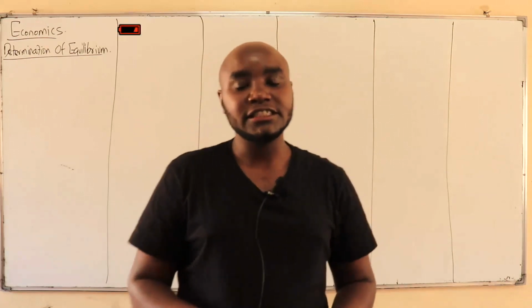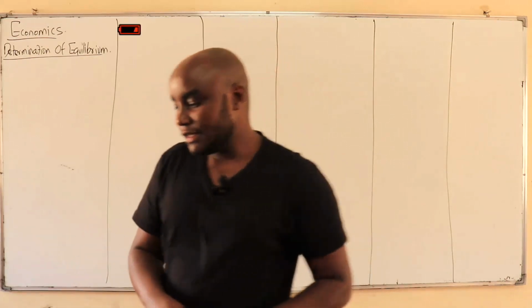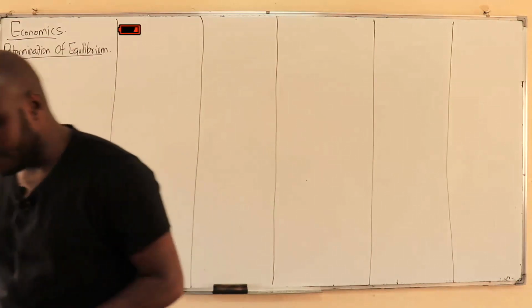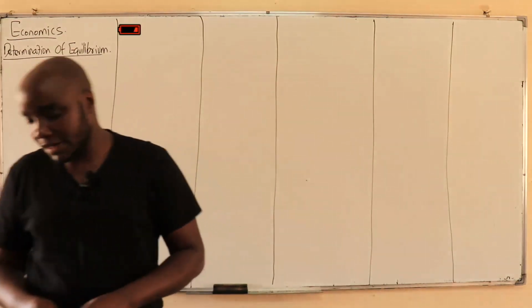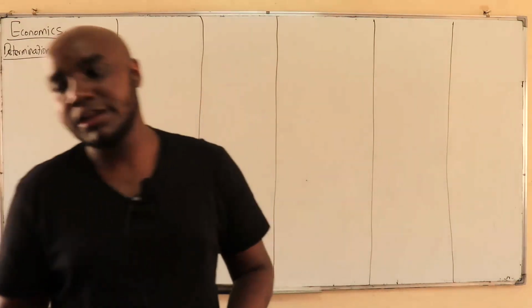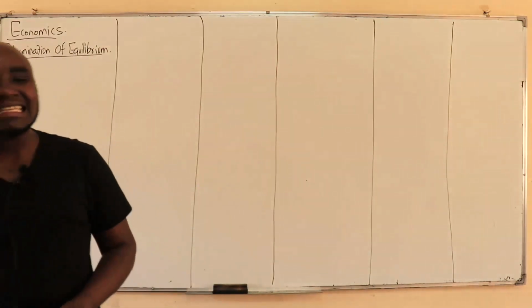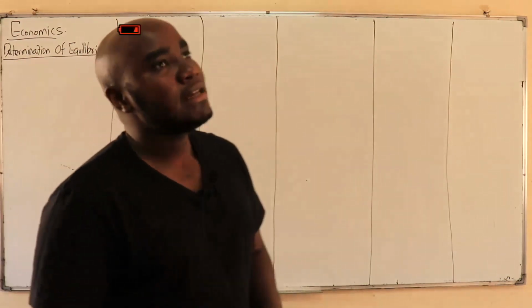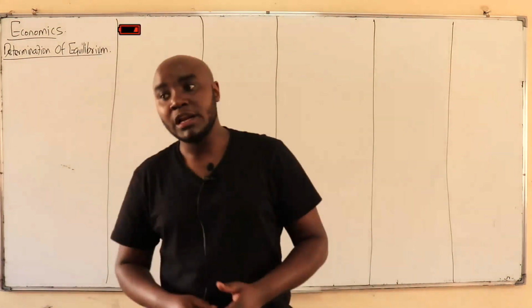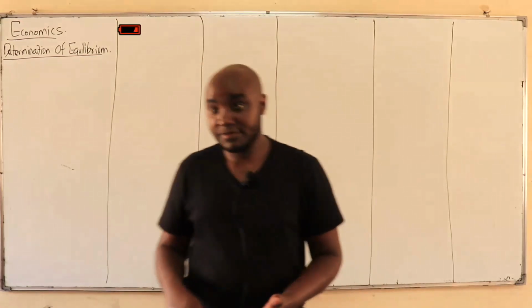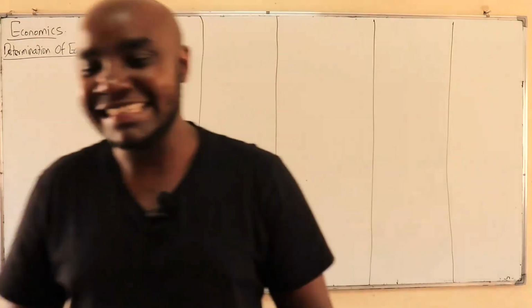And number two, there shall be a fall in the prices, as well as a decrease in the quantity supplied, and thus a new equilibrium will have to be created. I'm hoping that we are learning, is it?